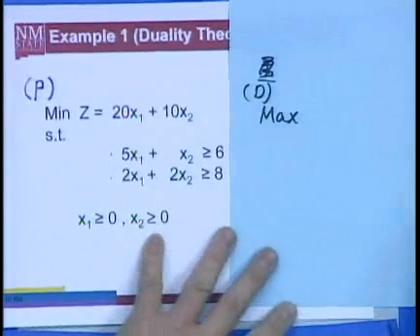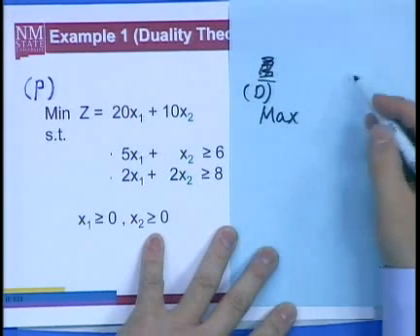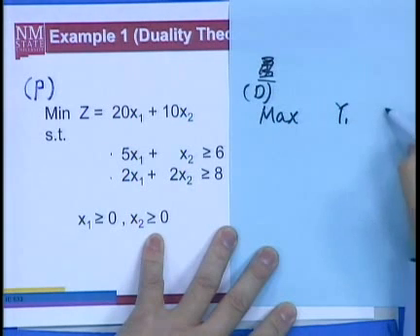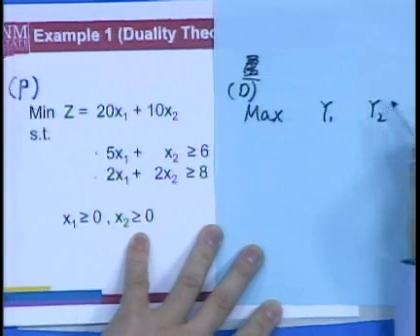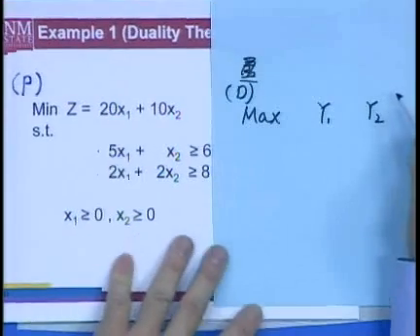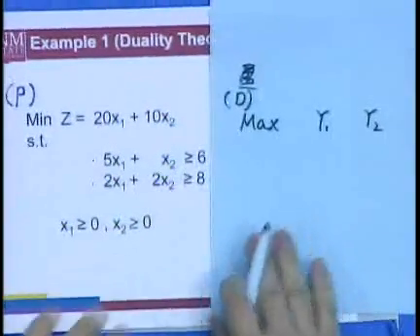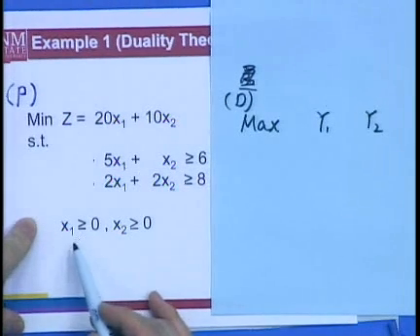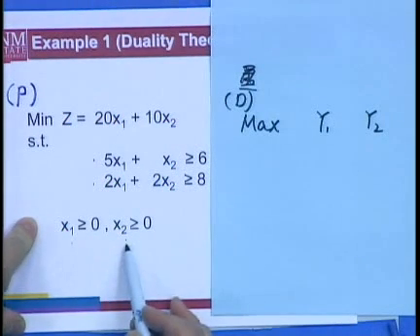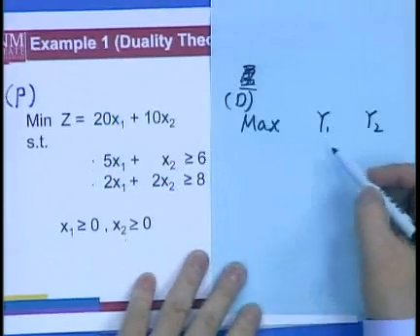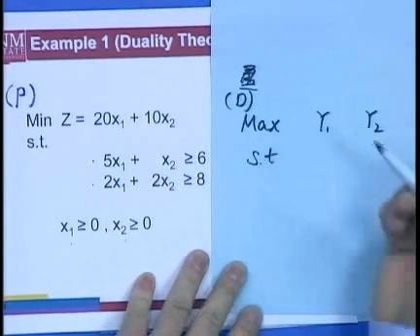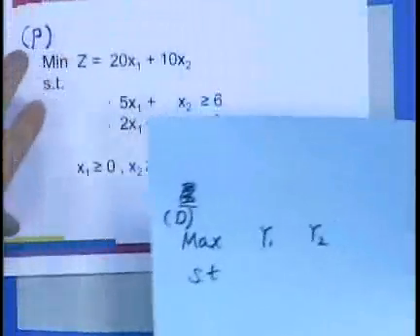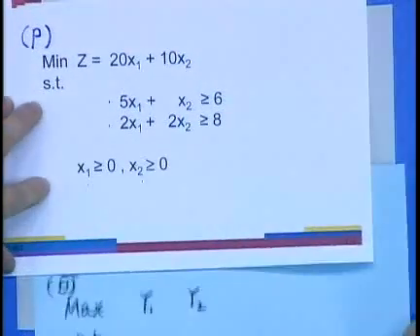And the dual problem has two decision variables, let's say y1 and y2. And because the primal problem has two decision variables, the dual problem must have two constraints. Let me write it down.